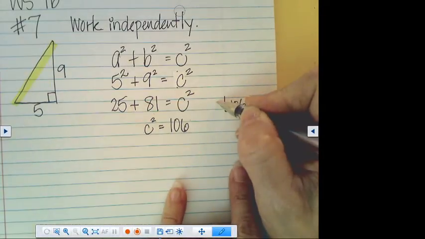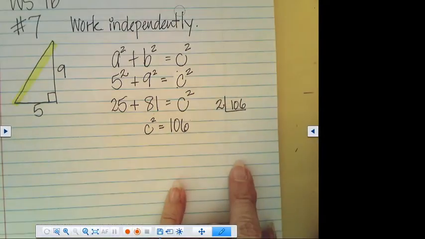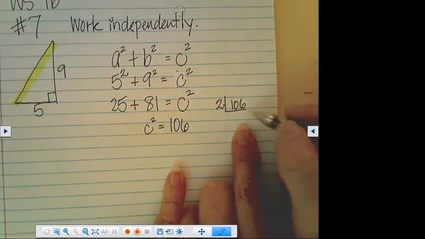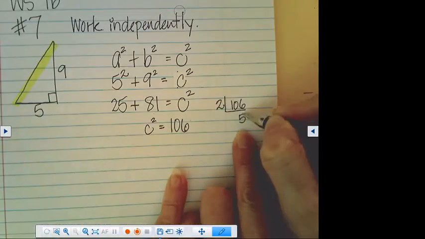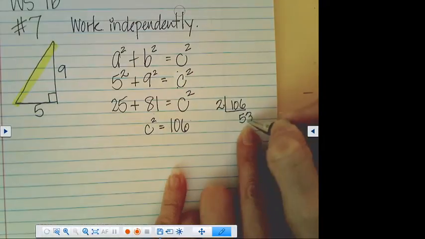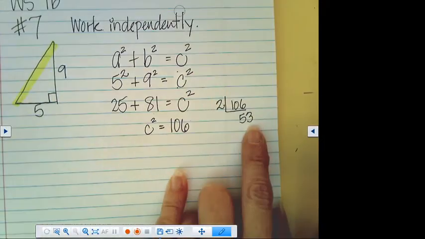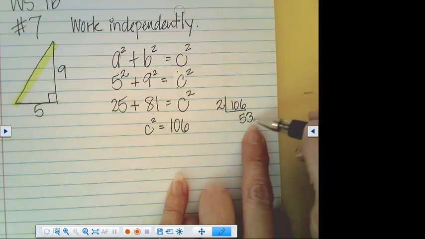So the first prime I'm going to use is 2. I'm dividing 2 into 106. Somebody? 53. Okay. Now, I'm thinking maybe 53 is prime. Now, 106 is not prime, but 53 is prime.